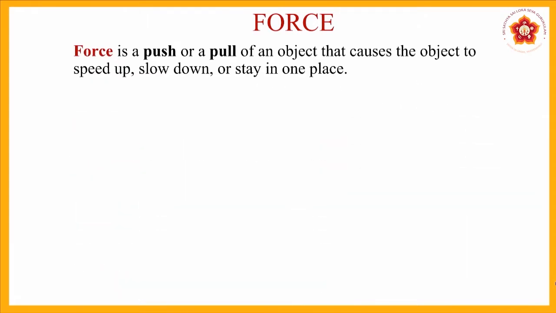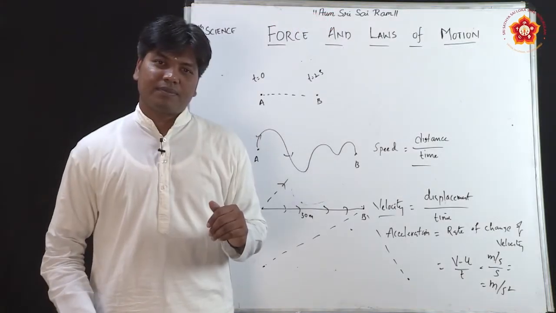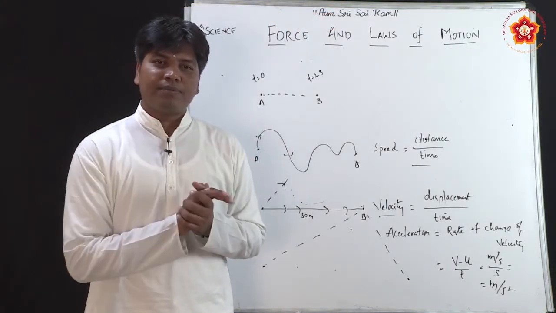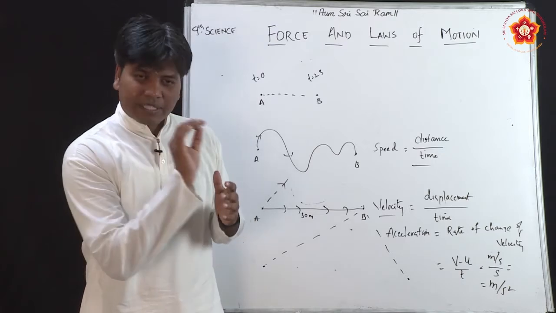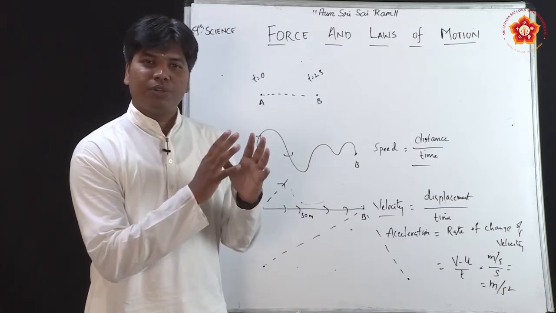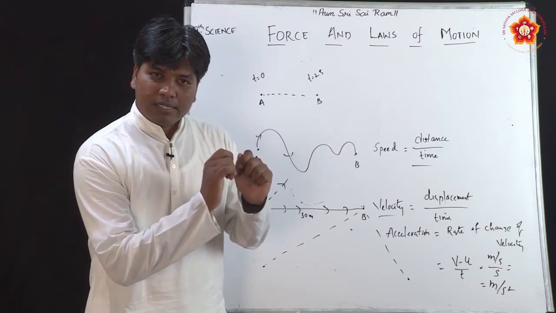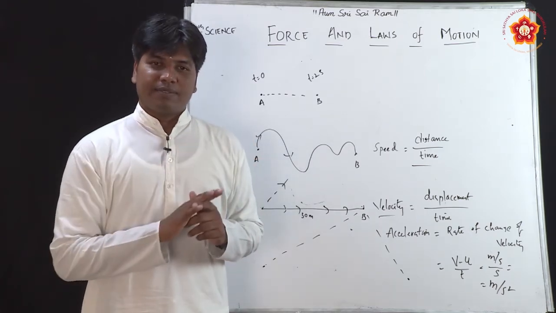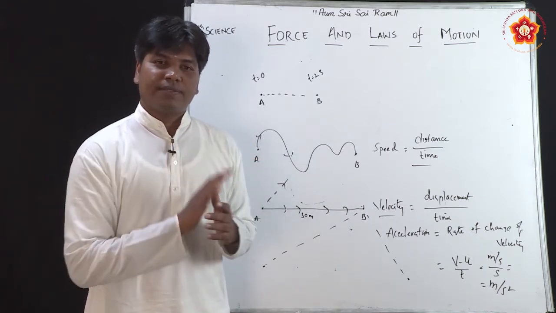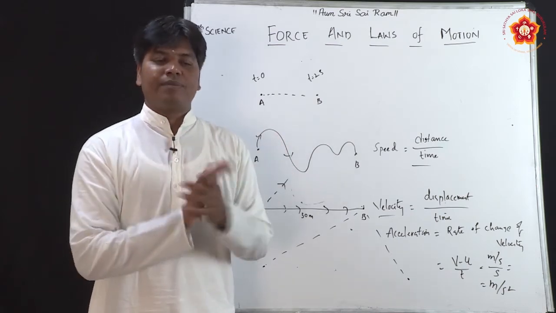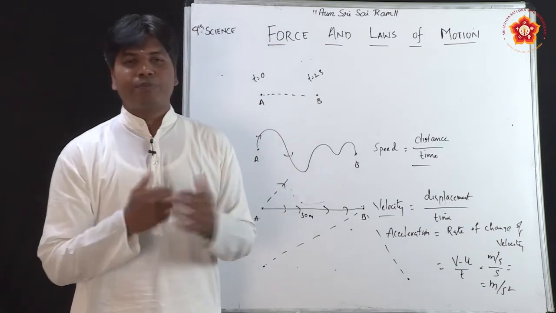Force is a push or a pull of an object that causes the object to speed up, slow down, or stay at one place. All right. That means you have an object, it is at rest. You are pushing or pulling it, you are making something to it that causes change in its speed, change in its velocity, or it stays in the same space.